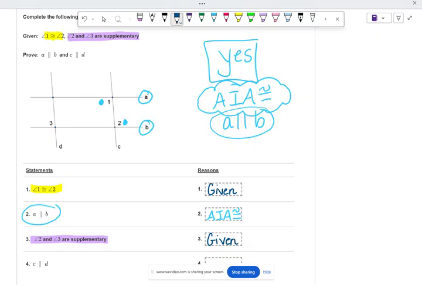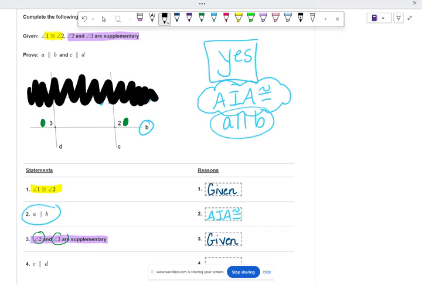Now, once again, we're going to go get that magic paper and we're going to focus only on angle 2 and angle 3. Here's angle 2. Here's angle 3. Right now, we don't need any part of line A. You want to ask yourself, what kind of angles are angle 2 and angle 3?